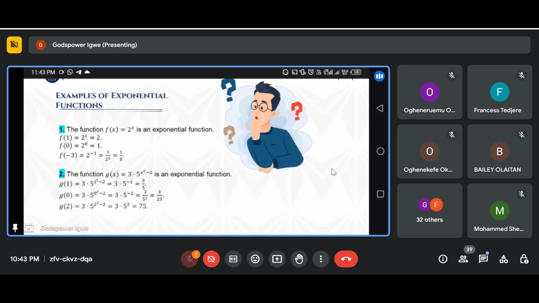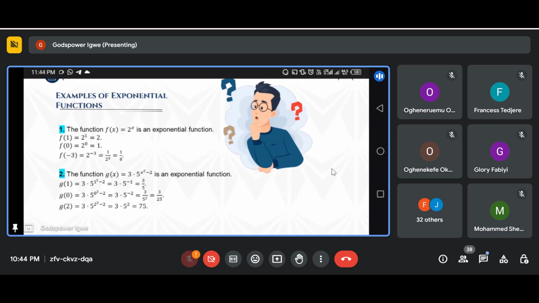Given that x is 1, we have 3 times 5 raised to power 1 squared minus 2. 1 squared is 1, and 1 minus 2 is minus 1, so 5 raised to power minus 1 is the same as 1 all over 5 raised to power 1, which is 1 over 5.